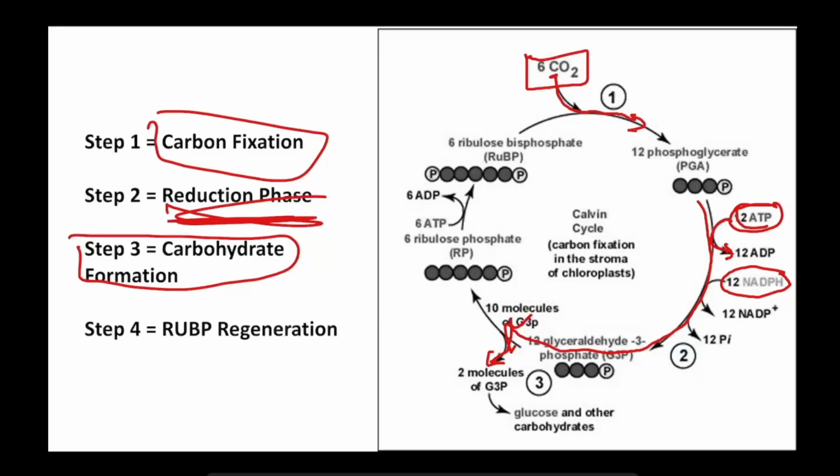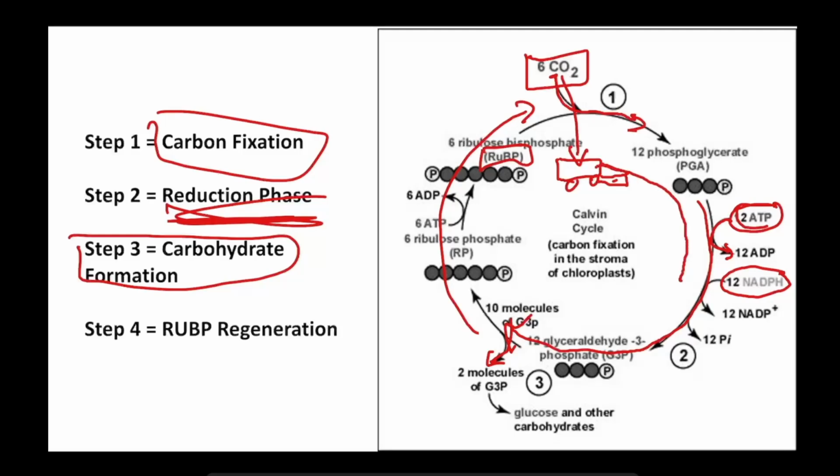And then what happens is we have to recharge the protein that facilitated this whole process, which I always called Ruby, RuBP, ribulose bisphosphate. And the way to imagine Ruby, what I've always called it, is it's like a dump truck that is driving around. It picks up the CO2, drives it around, gets modified.